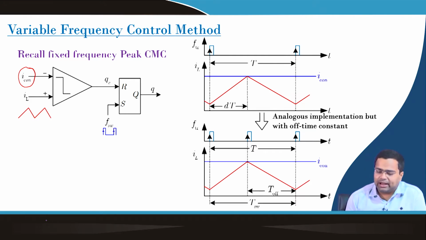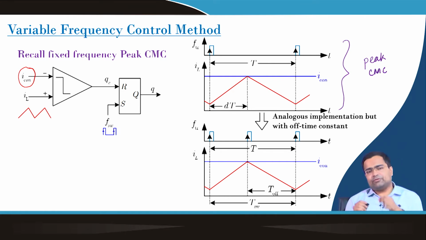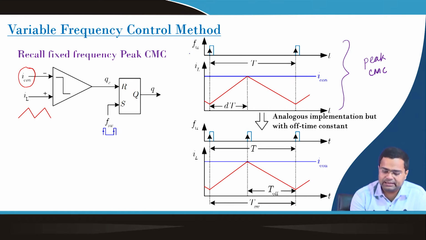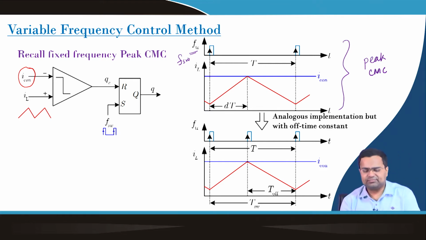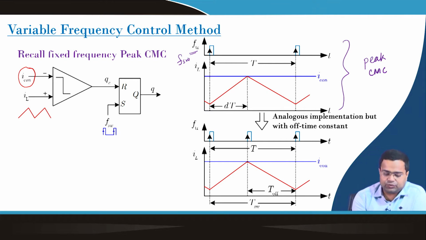Now, if we look at the waveform, the top waveform corresponds to peak current mode control using fixed frequency trailing edge modulation, where this is our external fixed frequency clock, that is a rising edge. Whenever the rising edge comes, the switch turns on.